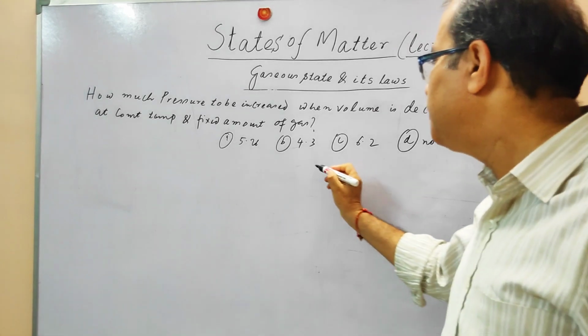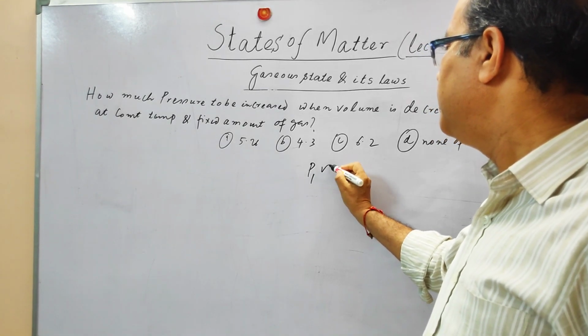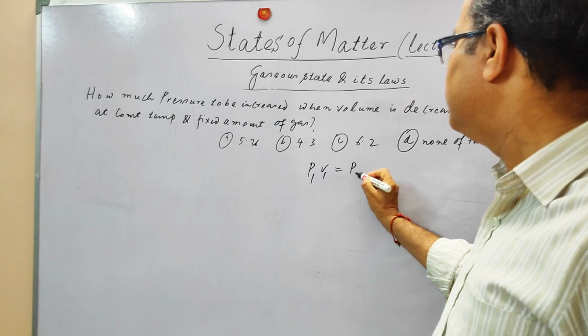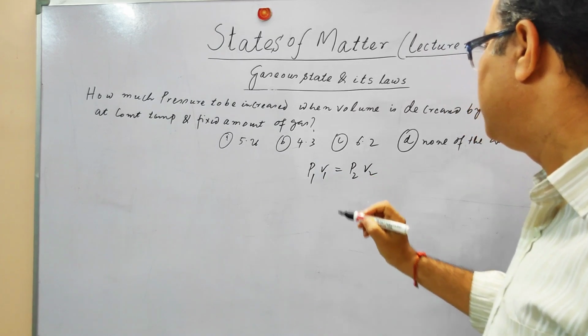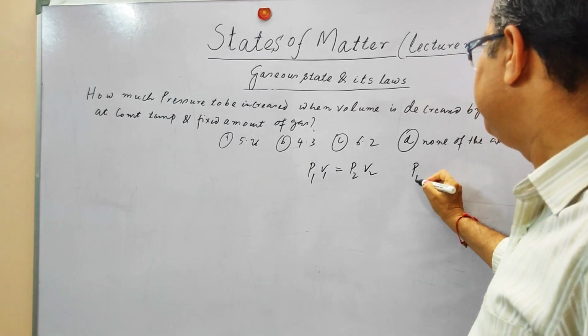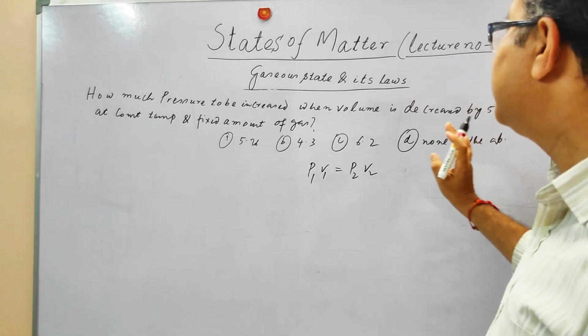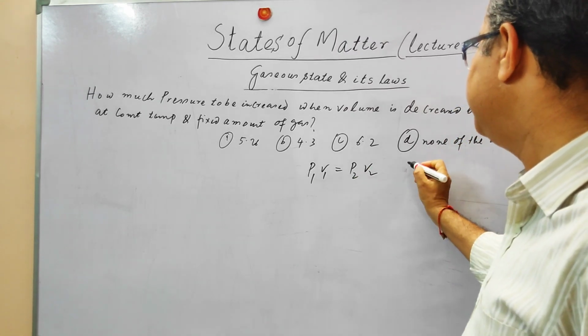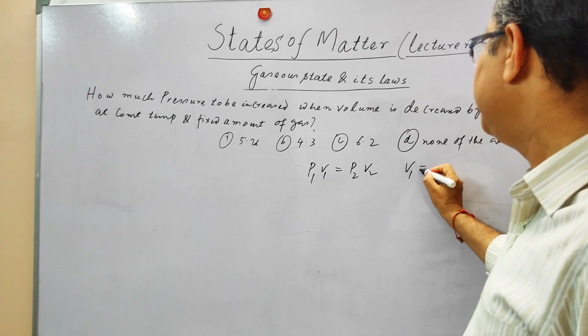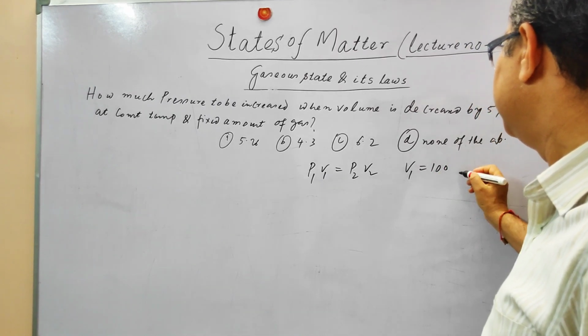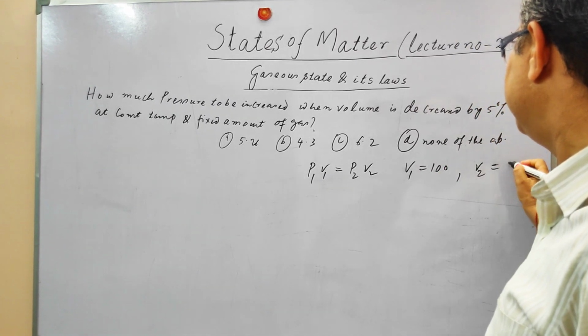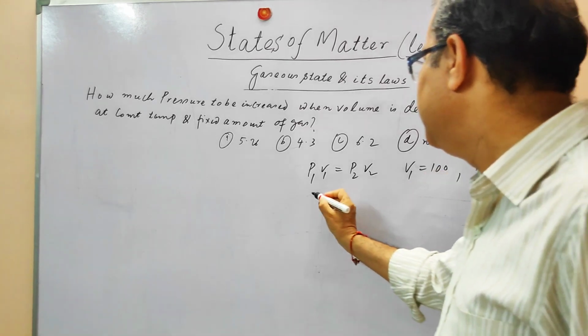For that, we have to use Boyle's law. Here P1 is not given, only that the volume has been decreased by 5%. It means if the volume V1 is 100, then V2 is 95. Right?